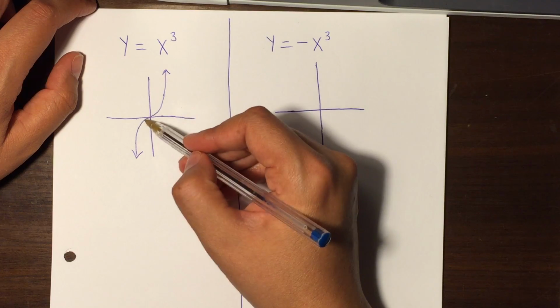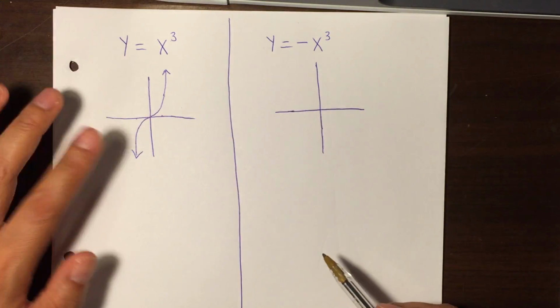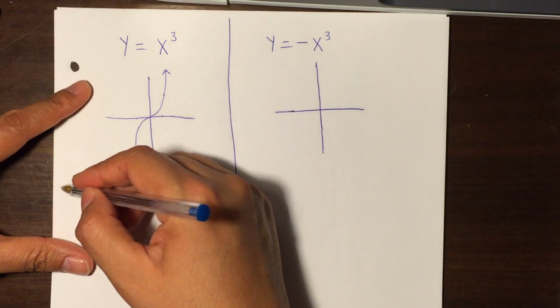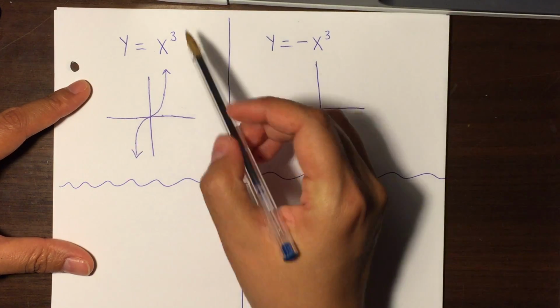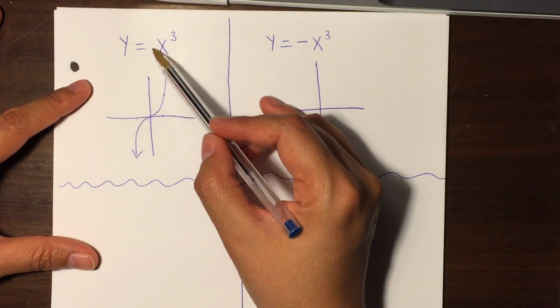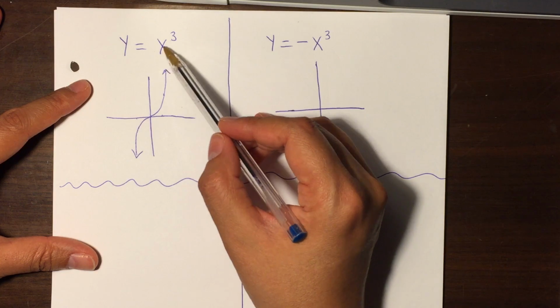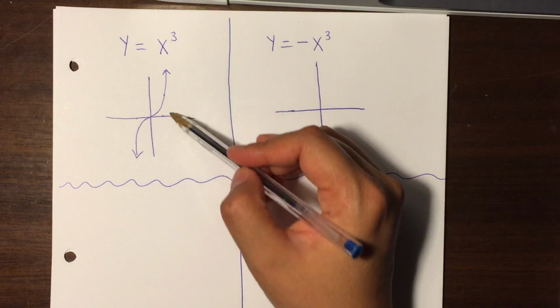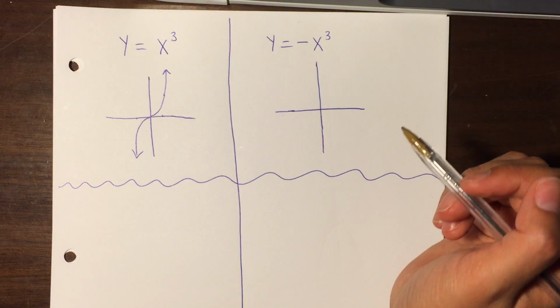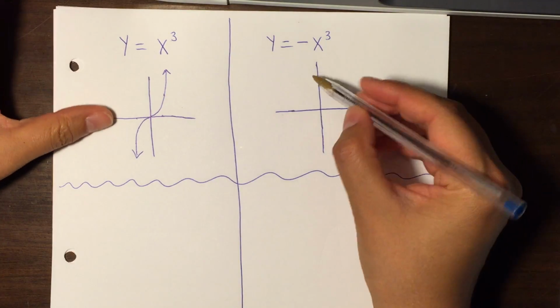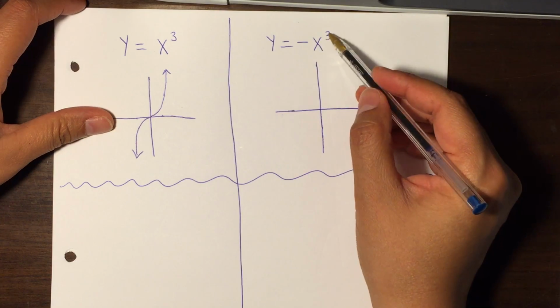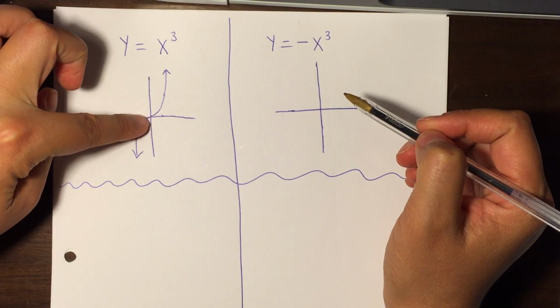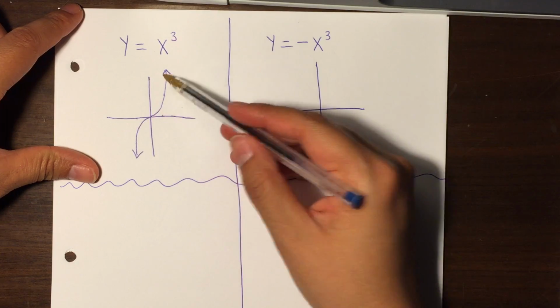But when we have cube, remember that the answer will be, and that comes from module G, if the exponent is odd and this is a negative, then you end up with a negative. But positive, you end up with a positive. For a negative x cubed, it's exactly the same, but you know how positive goes up?